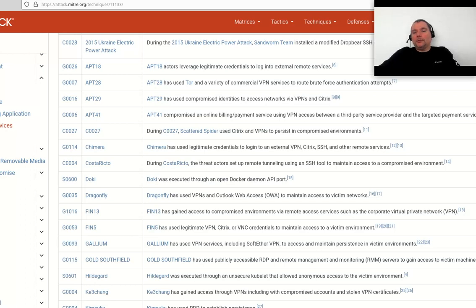So lateral movement and other connectivity, but in most organizations you'll find that VPNs are heavily used.